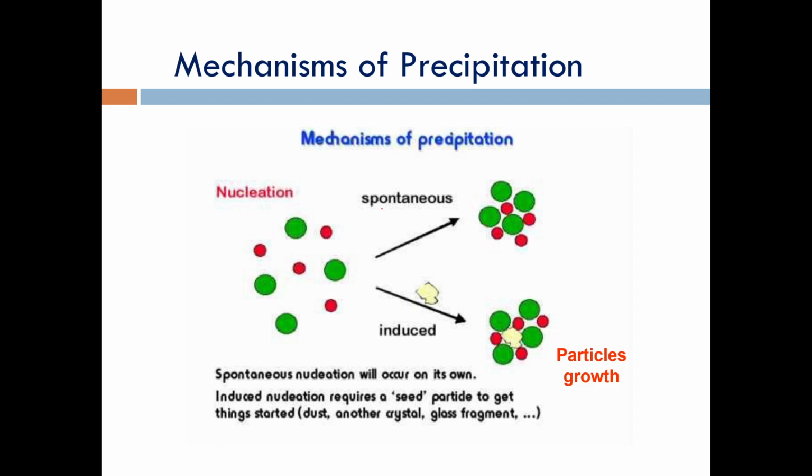If you look at the explanation below the picture, spontaneous nucleation will occur on its own, while induced nucleation requires a seed particle to get things started. So spontaneous nucleation produces a very slow reaction and a colloidal precipitate. And by induction, we get particle growth to produce a precipitate which is a crystal or a big particle.